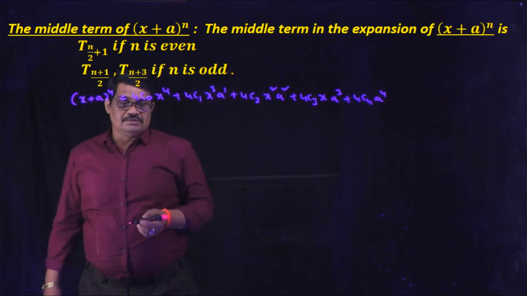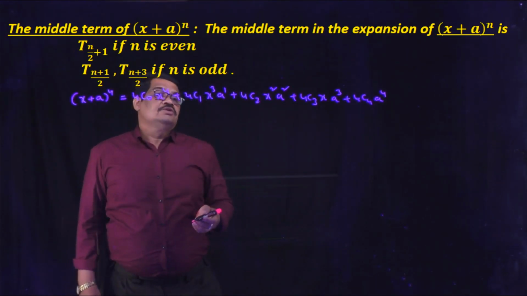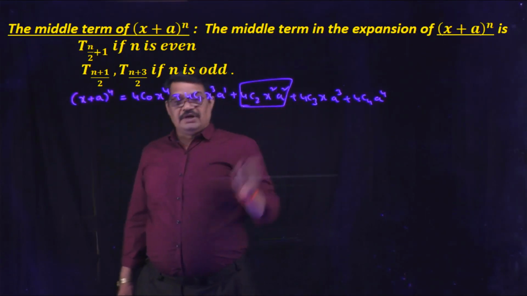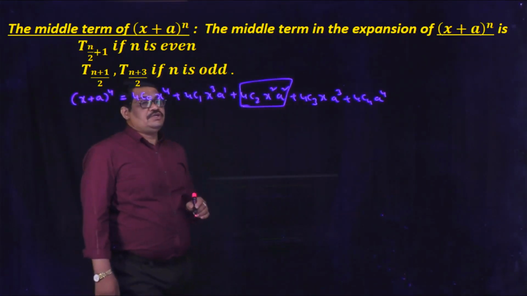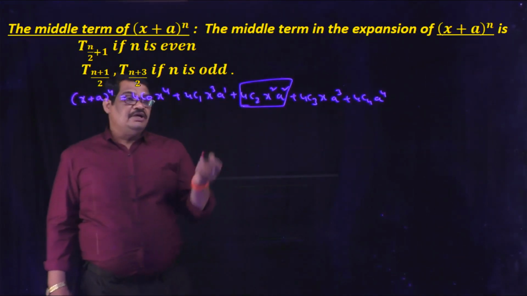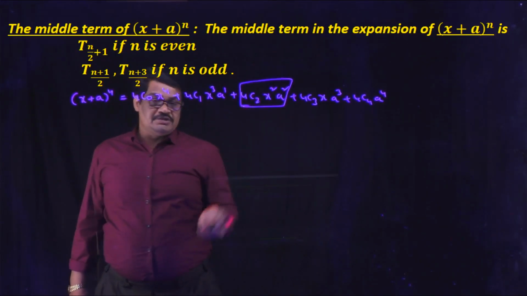In that there are how many terms? 5 terms. So the middle term is this one, 4C2 x square a square. So the third term is the middle term.